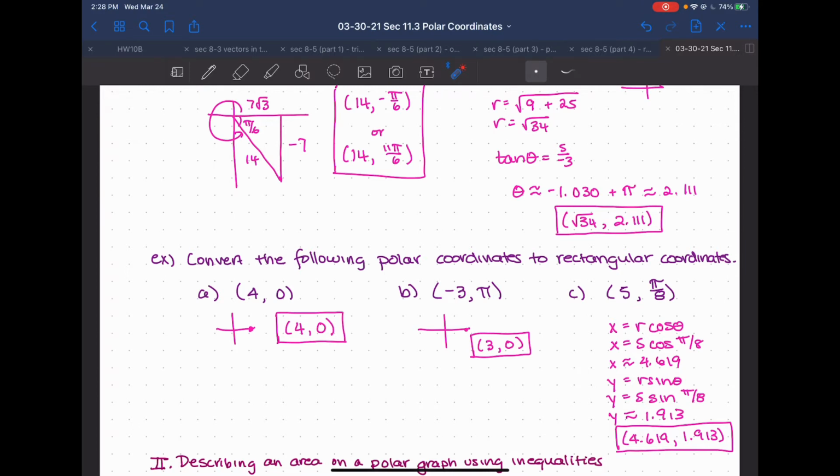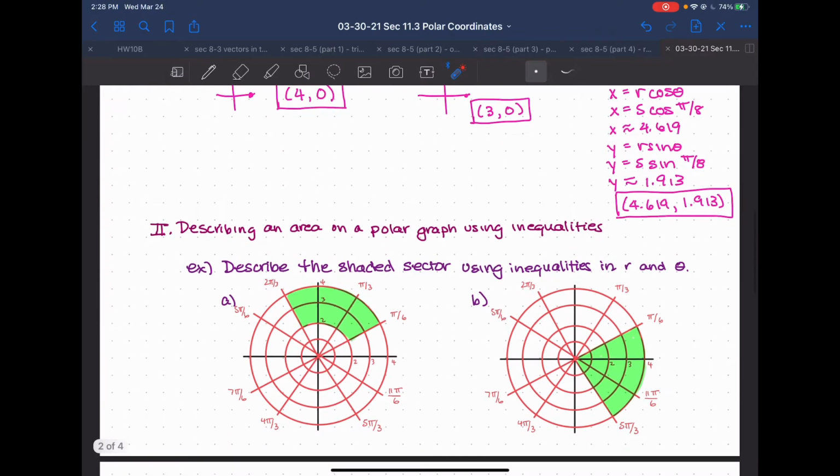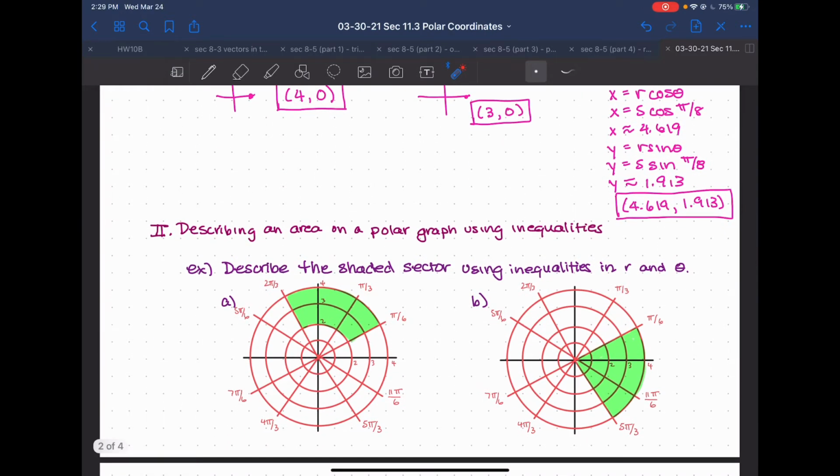All right, so that's converting. So now let's do something we haven't done yet. It's not that hard. These two examples are really all we're going to look at. Describe the shaded sector using the inequalities in r and theta. We've done area between curves before, and this is where we're going with this.